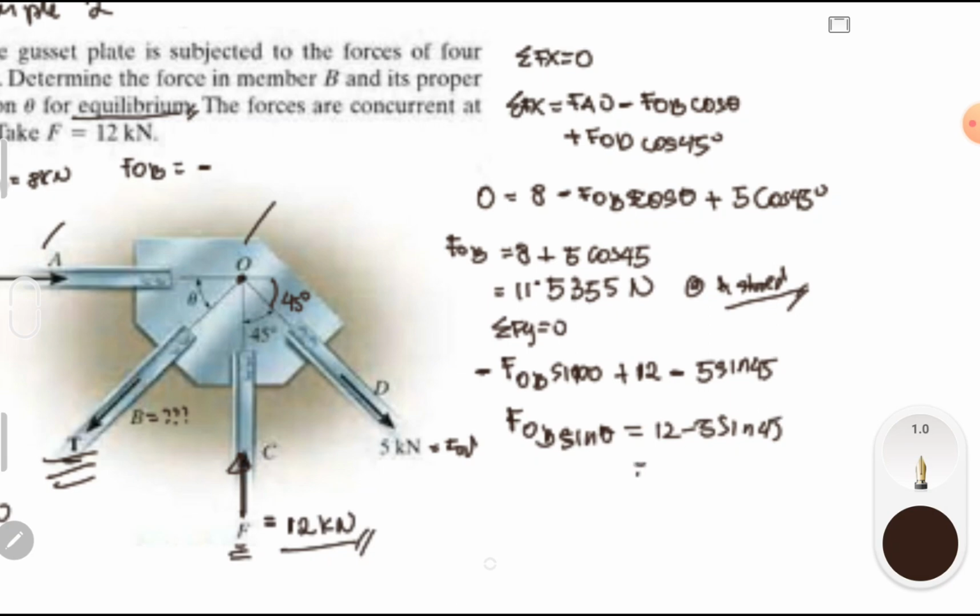So it is equal to 8.4644 kilonewton, or we can store that at B. Stored at B. Okay? Kilonewton I should say. So we forgot something here, to transpose your cosine theta. This is cosine theta. Okay?